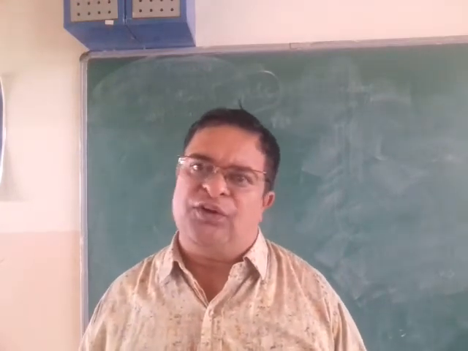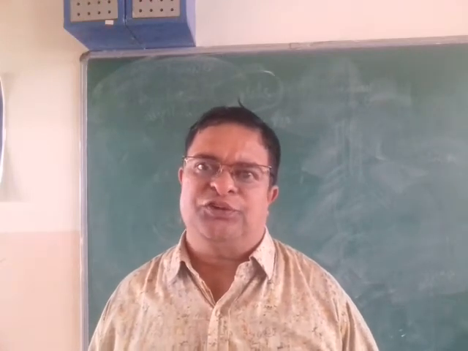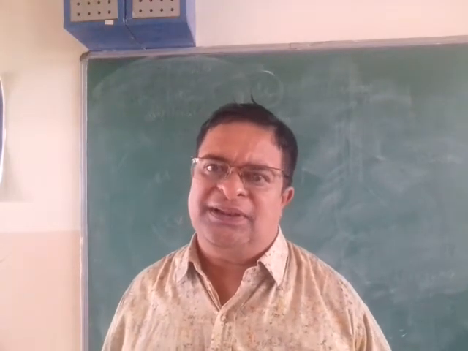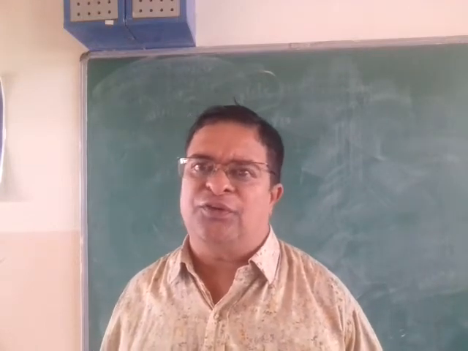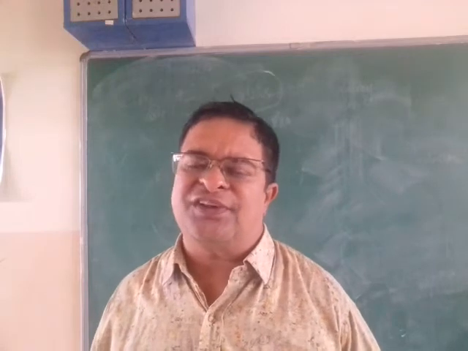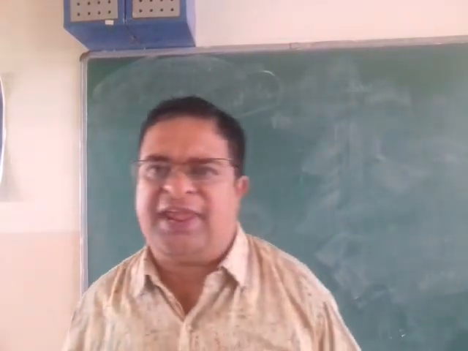The second use of a convex mirror is in street lights, to spread light over a larger area. These are a few uses of convex mirrors, and this is about the in-text questions on page number 168.